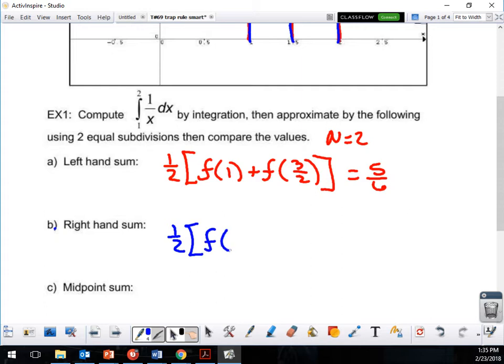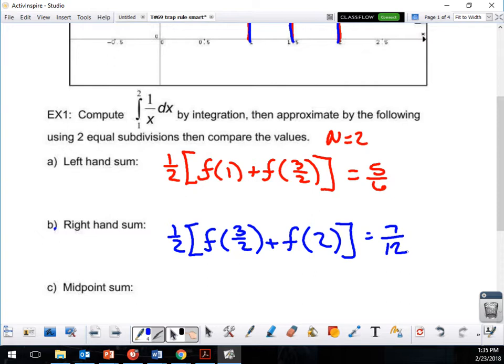So f of 3/2 plus f of 2. So this is 1/2, and that is 2/3. 7/12 all together? Yeah. So it equals 7/12.